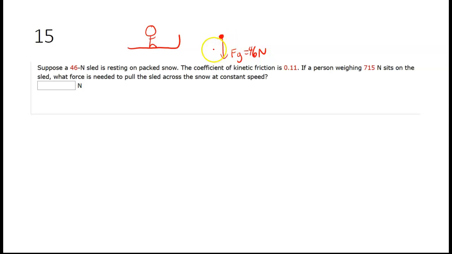But we would also have, I'd have to make it very large here, a 715 Newton force of the person on the sled. All right, so the person would exert an extra downward force of 715 newtons.